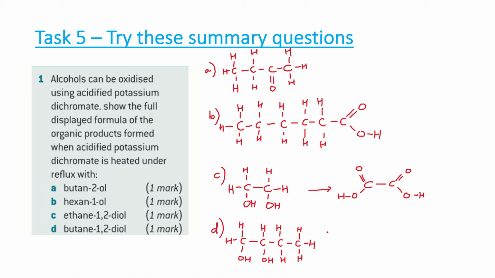So the primary alcohol will become a carboxylic acid, and the secondary alcohol will become a ketone. It doesn't matter where you draw, I'm just going to draw at the top, and that becomes our ketone, and then everything else goes in the same way. Always double check each carbon should only have 4 bonds, like so. So that is the correct organic product for this reaction here.